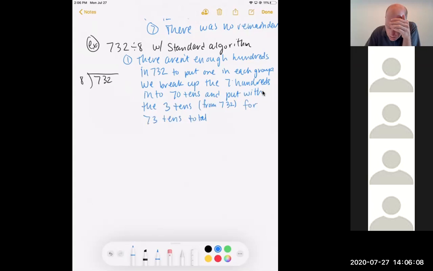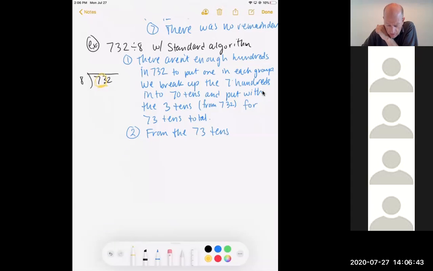Okay. Now we're going to consider the 73 tens in step number 2. From the 73 tens, what are we going to do? And so now we have all of these together to consider. We can put those into 8 groups, there's enough.